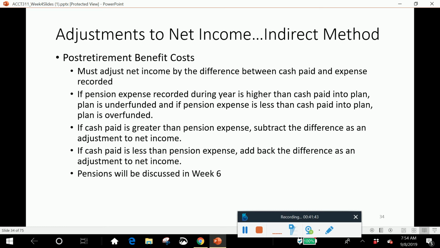So when we have the plan in an underfunded status, we need to add back that amount to net income in order to derive our cash flows from operating activities. If we are in an overfunded position, then we need to subtract that difference. So we'll talk a little bit more about pensions in week 6, but I just wanted to let you know this is also another type of adjustment that you may have to make.